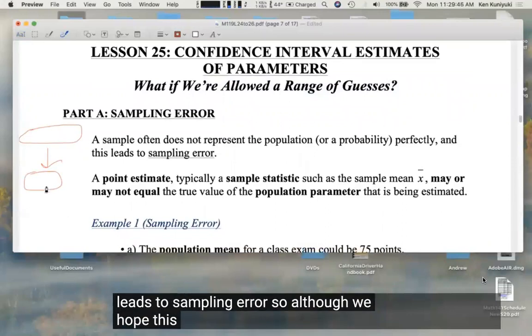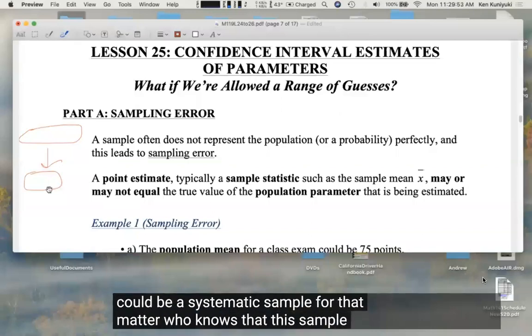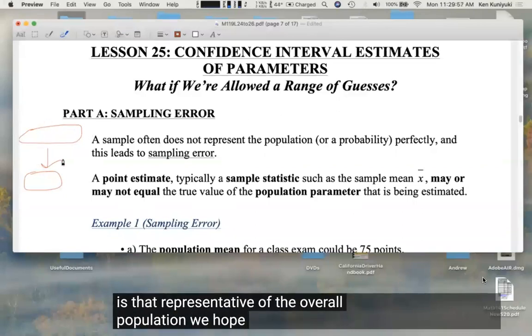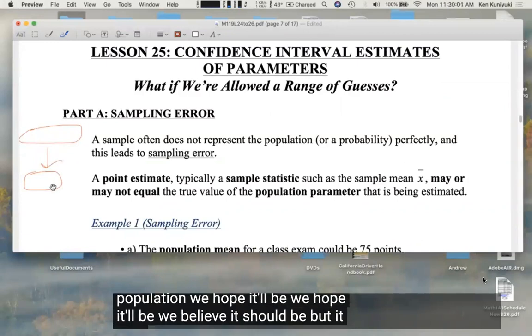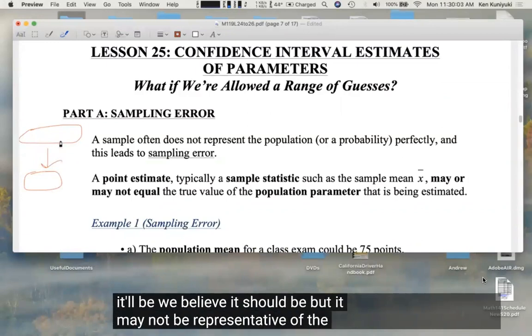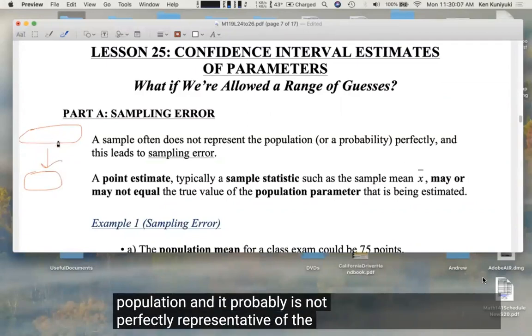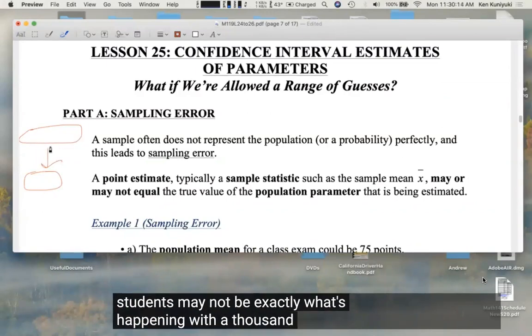Who knows if this sample, which could be a random sample or even a systematic sample, really is representative of the overall population? We hope it will be. We believe it should be, but it probably is not perfectly representative. What's going on with 5 students may not be exactly what's happening with 1,000 students.